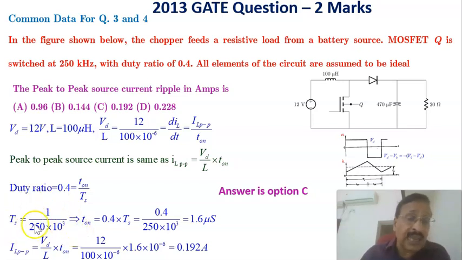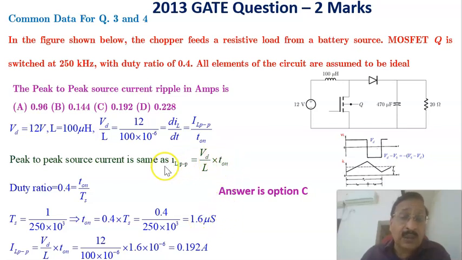The only unknown is T on, so from this equation we can calculate T on, which is 0.4 into TS. Substituting TS, we get 1.6 microseconds as the on period.